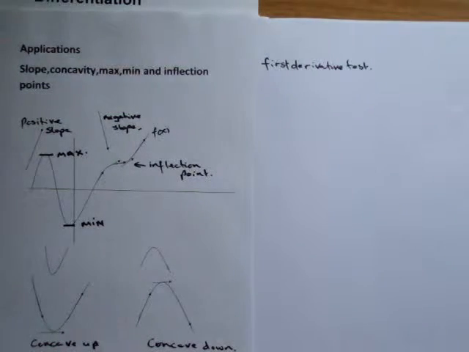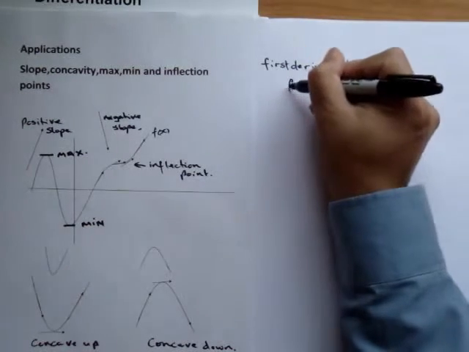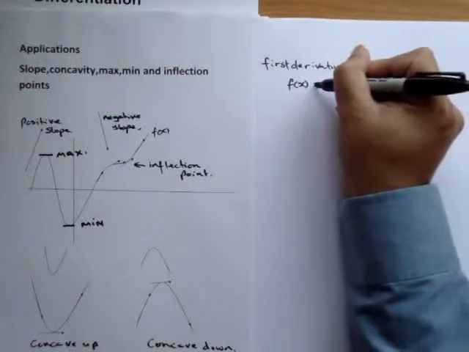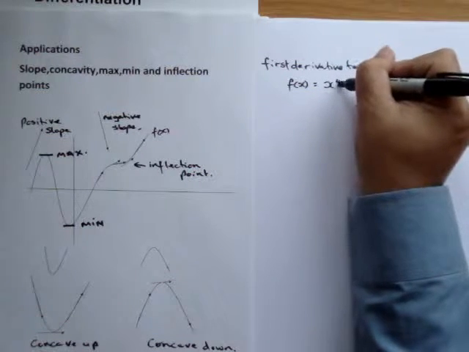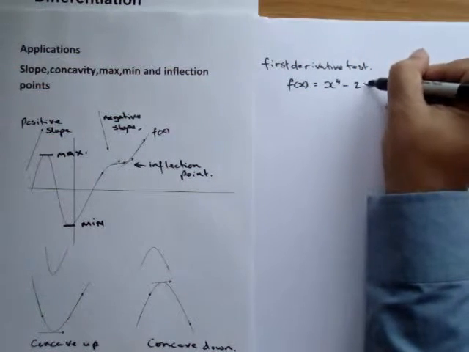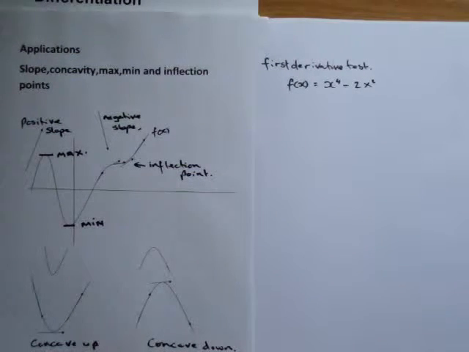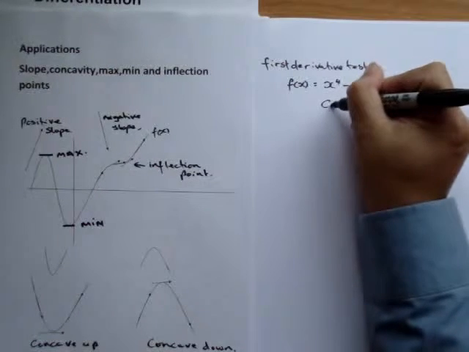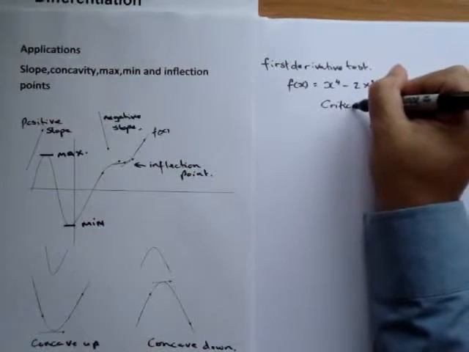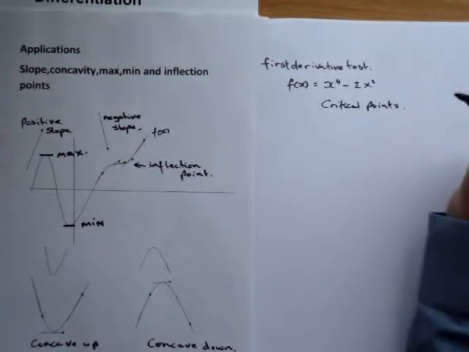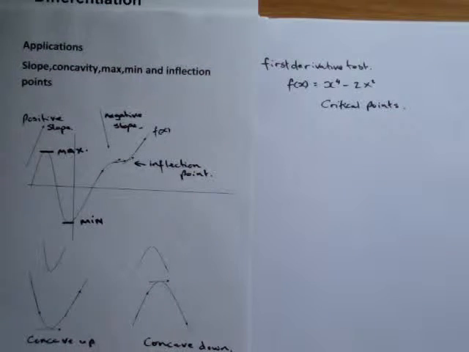So say we had a function f of x, x to the power 4 minus 2x squared. So we would look at the critical points. So how do we get the critical points?